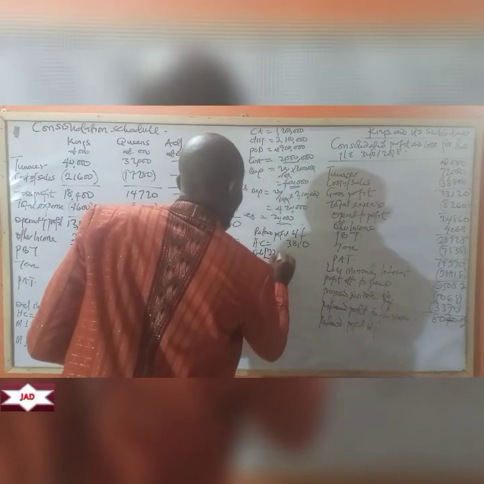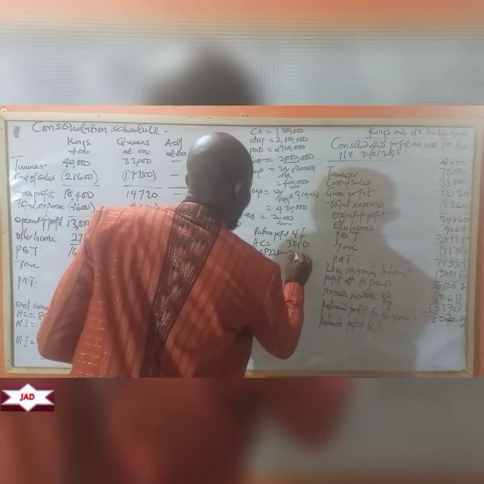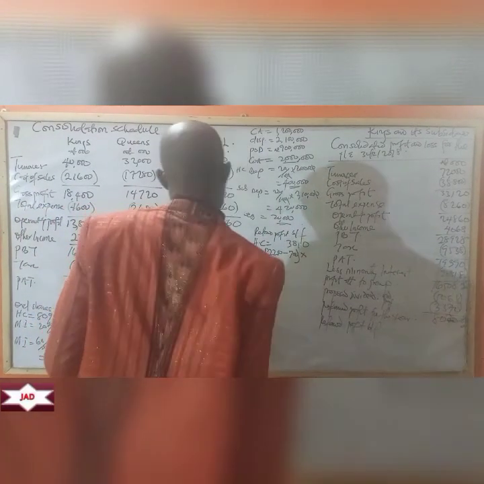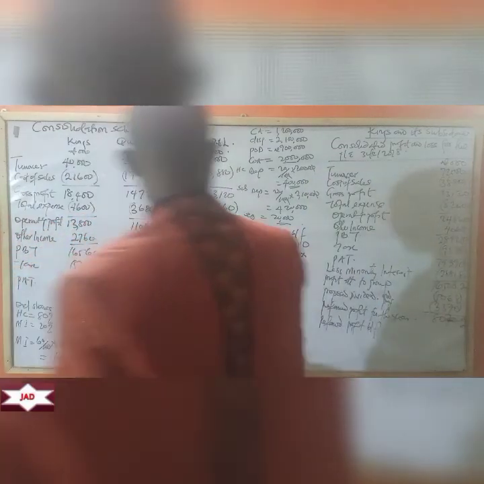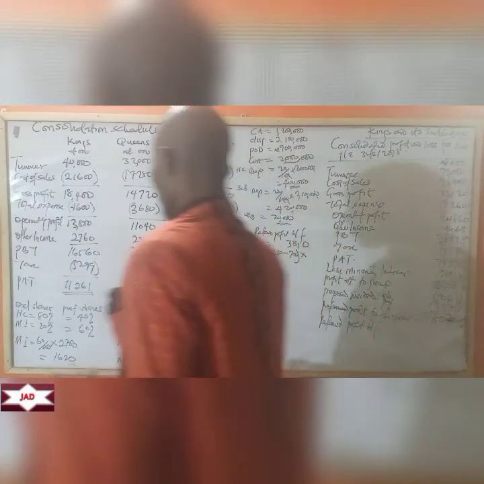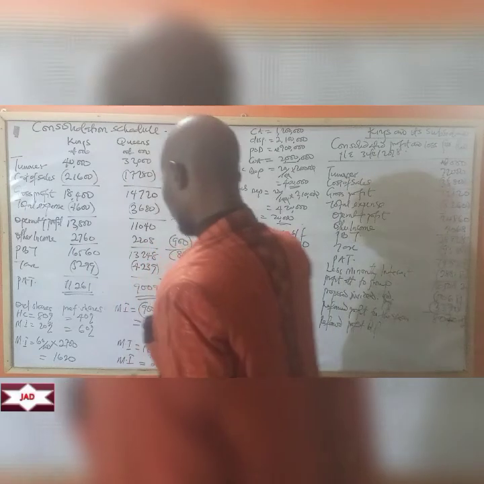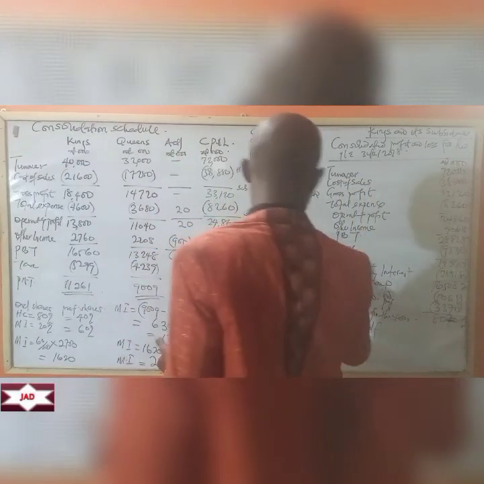That's 2,250 minus 700 times what is the holding company's share here? Ordinary share 80%.